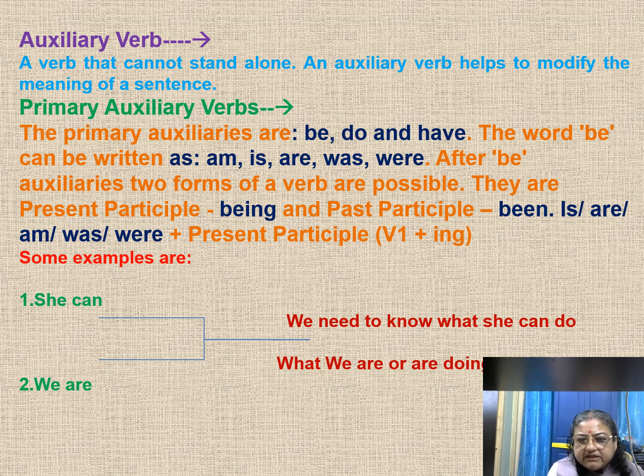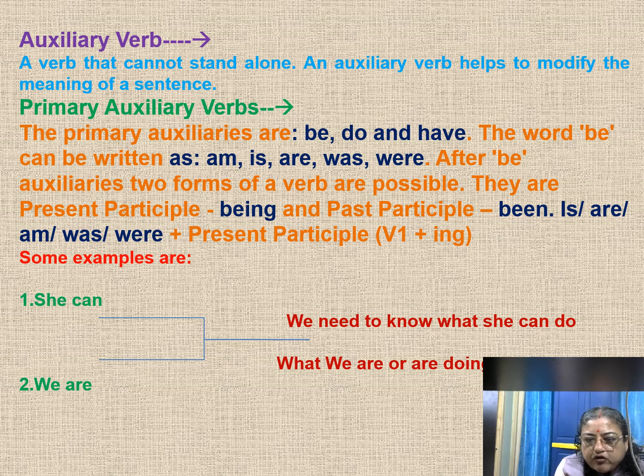When we use the present participle and past participle, we use being for the present participle and been for the past participle, and is, am, was, were plus the present participle. So verb one form plus ing form we have to use. If I say "the boy kite," you can't understand.